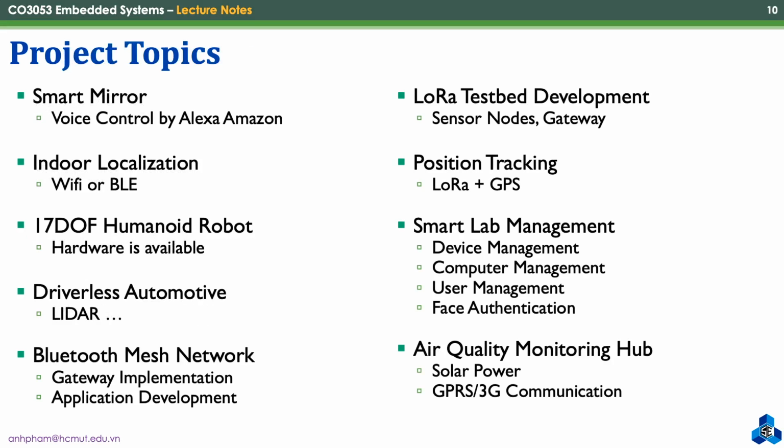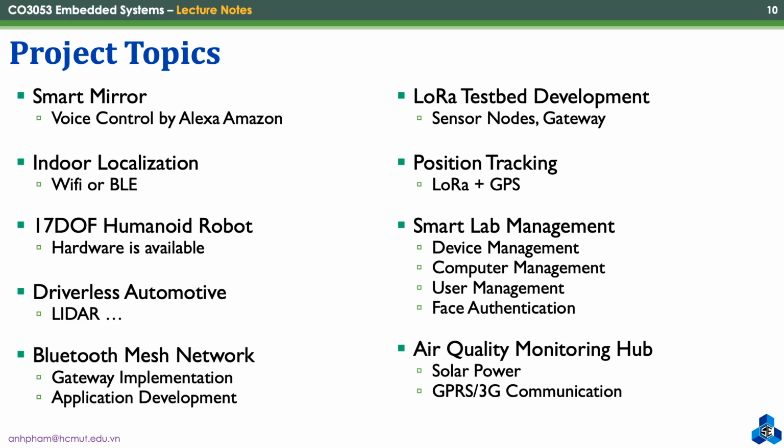Okay, as I mentioned, here are some project topics you can consider choosing for doing your project. However, if you look at the project topics here, they are very big projects. But in this course, you have to scope. I mean, we have to select some main functions of the system we will implement.